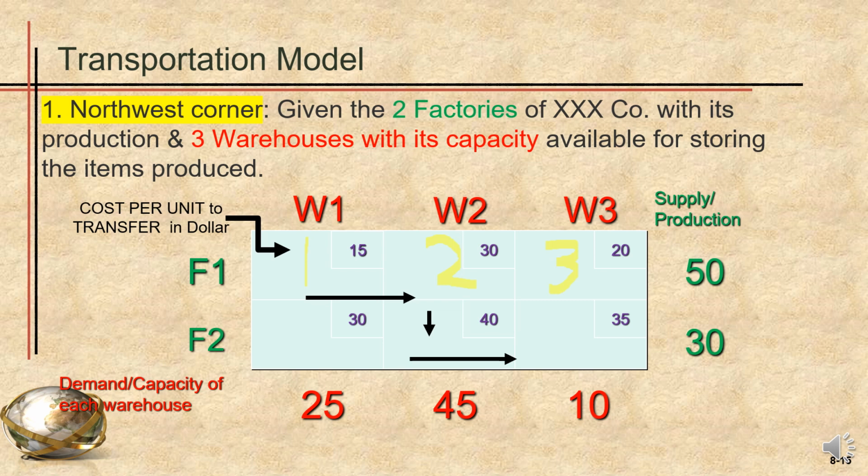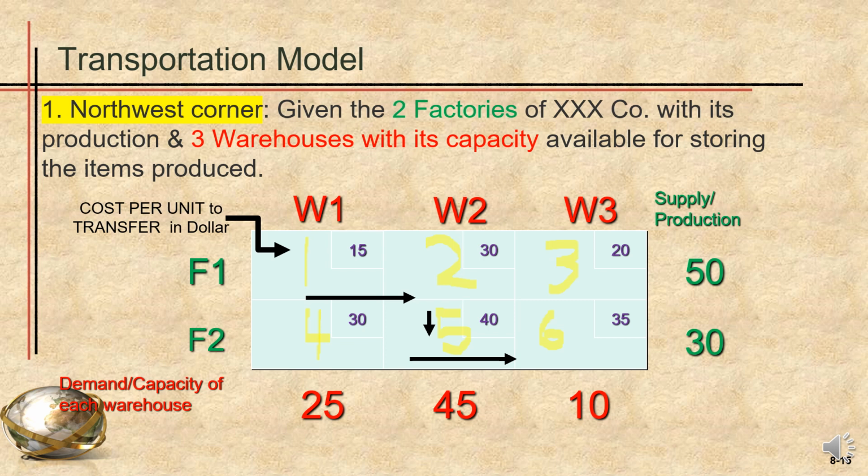Then if we're done with it horizontally, that is why it is called northwest corner, we finish everything on the northwest side before we go down. So this will be labeled as cell number 4, then cell number 5, then cell number 6. If there are additional factories and warehouses, we still move to the right.